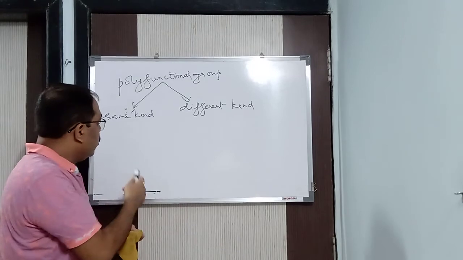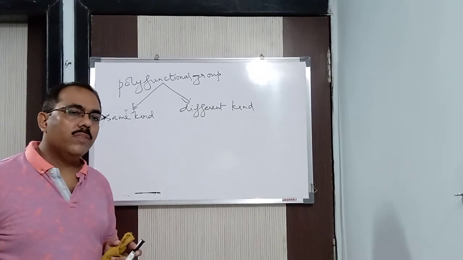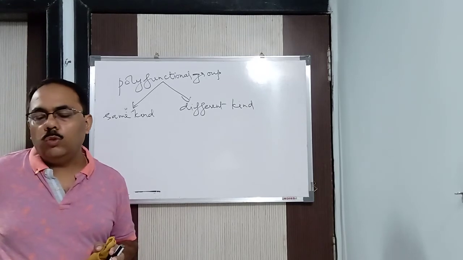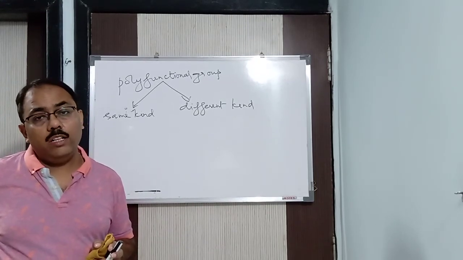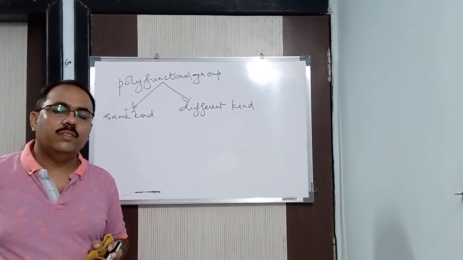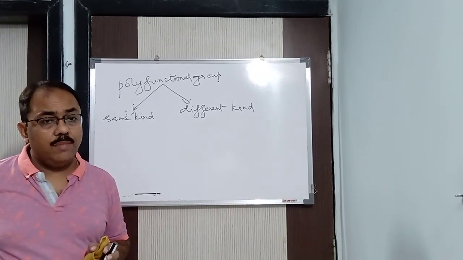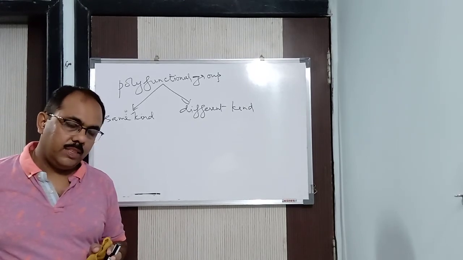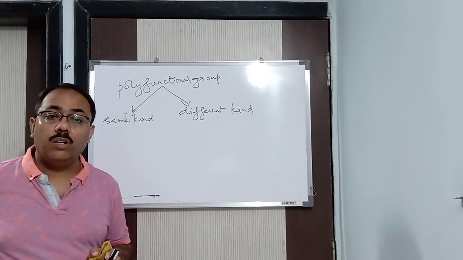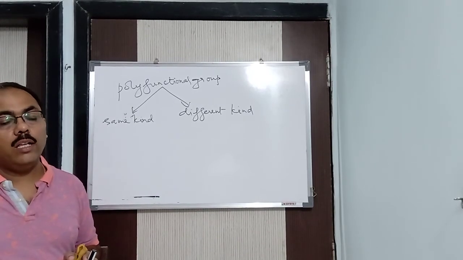So first you write polyfunctional group of same kind. Write down. If more than 2 functional groups are present of the same kind in a given compound, then the carbon atom of the functional group is not included in the root word.